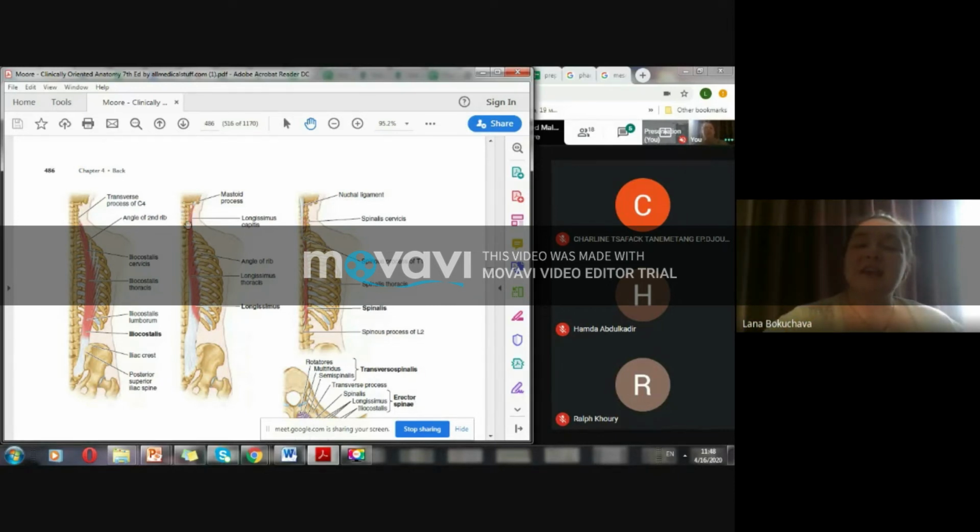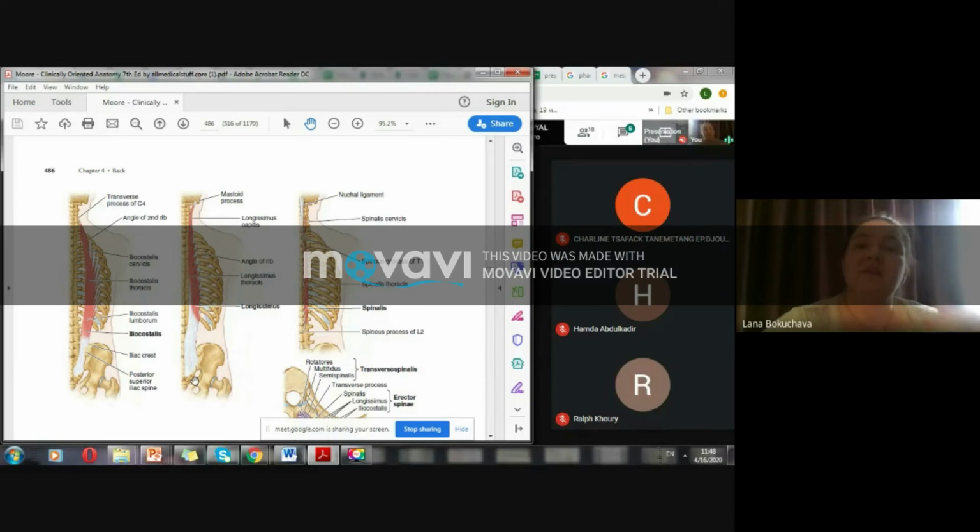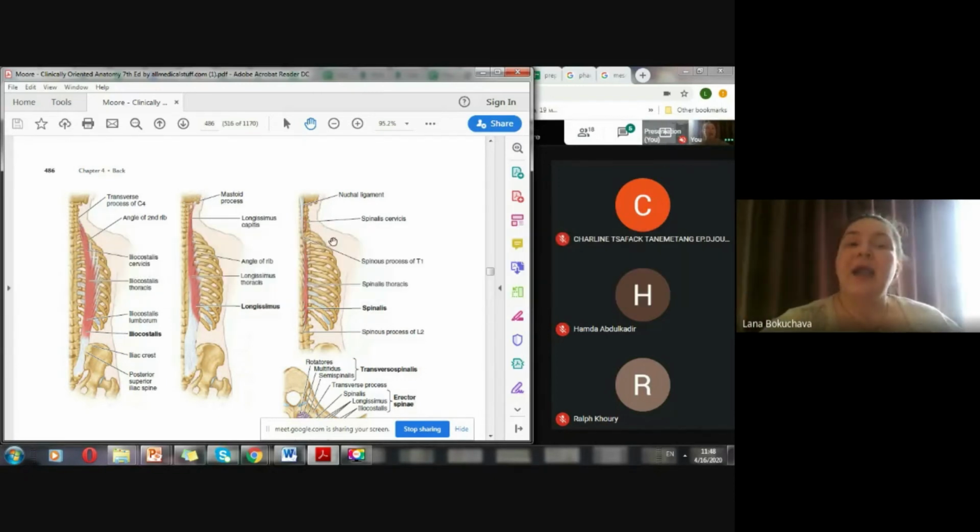Here it is even attached to the mastoid process of the temporal bone. So as a result, you see how from the inferiormost point of the vertebral column, it ascends towards the superiormost and even attaches to the part of the head. And the third one, the last one, but not least here, this is the spinalis.